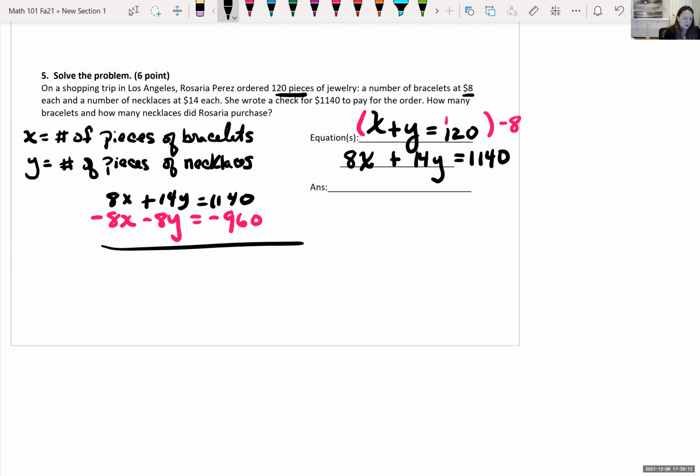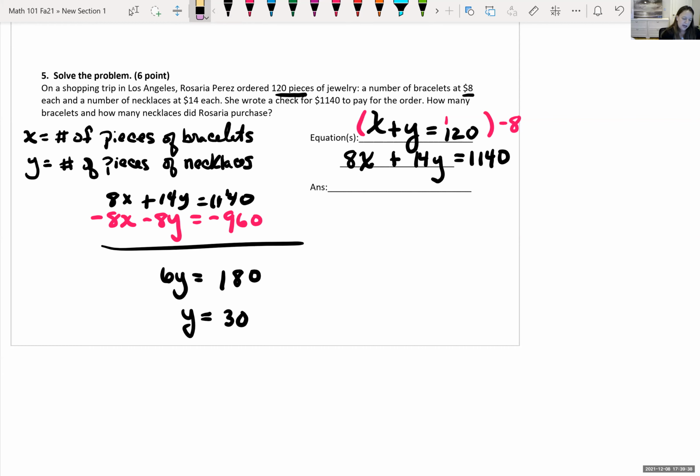Okay, so we have 14y minus 8y is 6y is equal to, and then let's subtract. I'm going to borrow. So it's 14 minus 6 is 8. And then that's 10 really minus 9, which is 1. So if I divide both sides by 6, well, 6 goes into this 18 3 times with a 0 left.